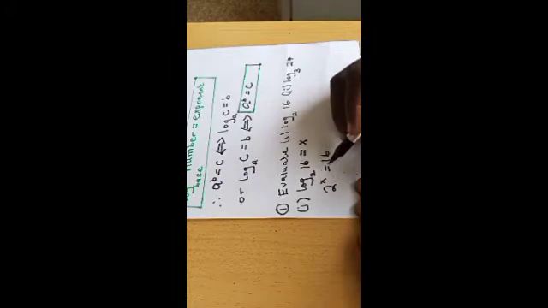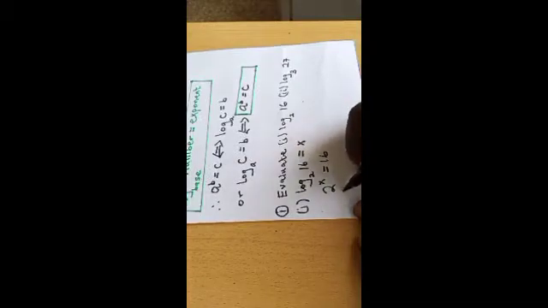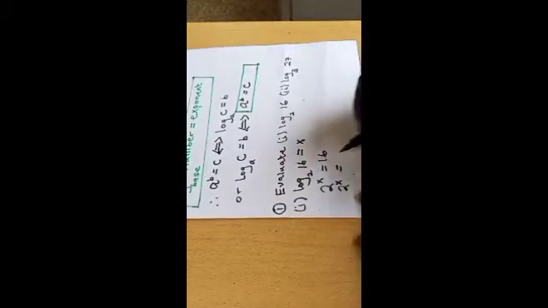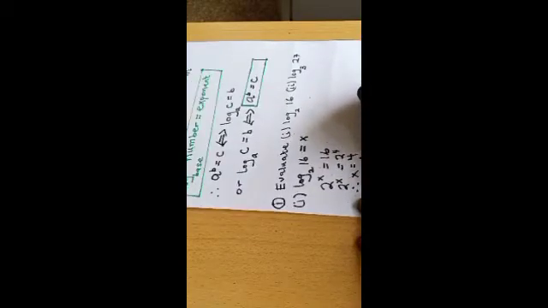With this exponential function, we have to break 16 using the base of 2. So we are going to have 2 to the power x equal to 2 to the power 4, because 16 is 2 to the power 4. Therefore, our x will be equal to 4. Therefore, log base 2 of 16 will be equal to 4.